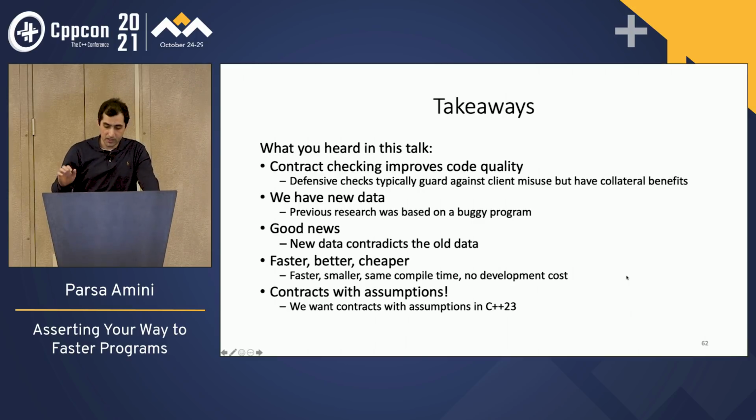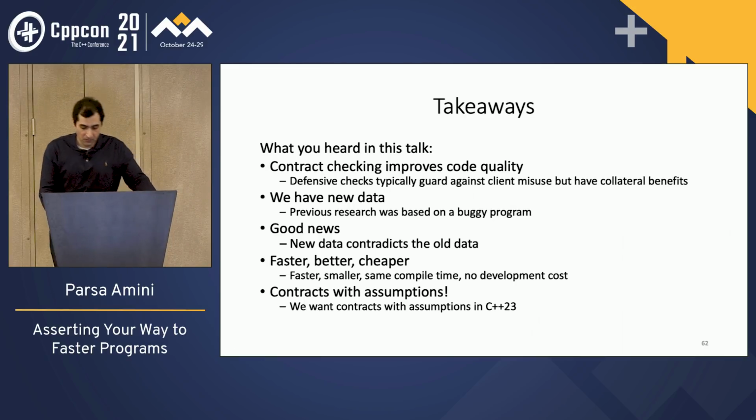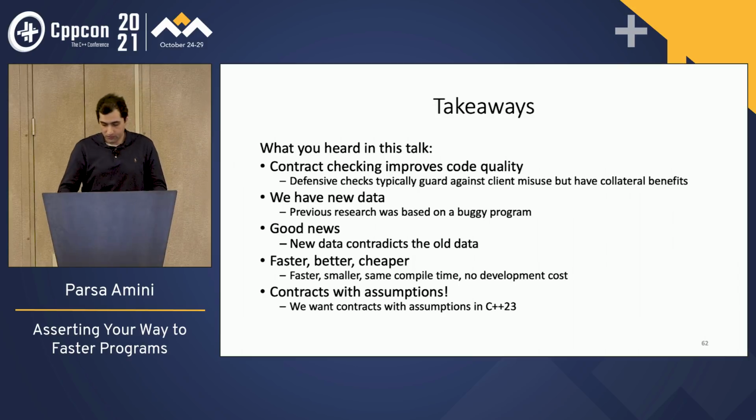And the takeaways. If you have defensive checks in your code, I believe, in addition to enhancing the quality of your code, you can also get collateral benefits in terms of performance.